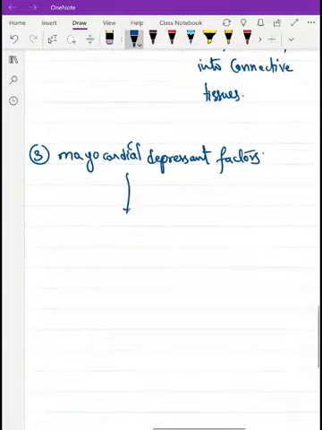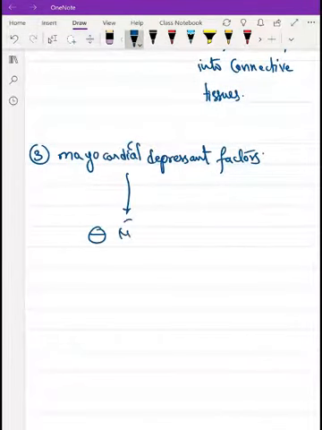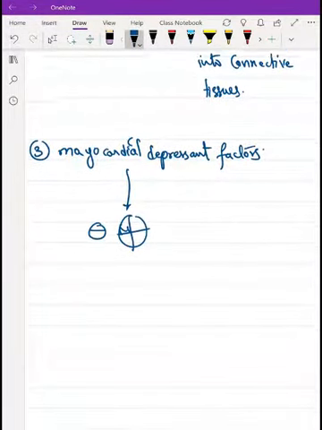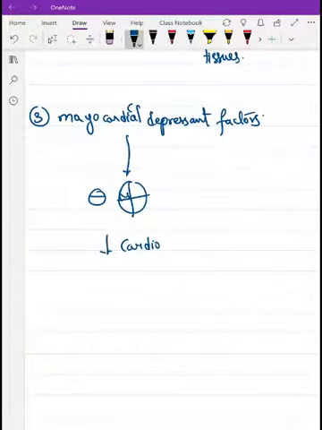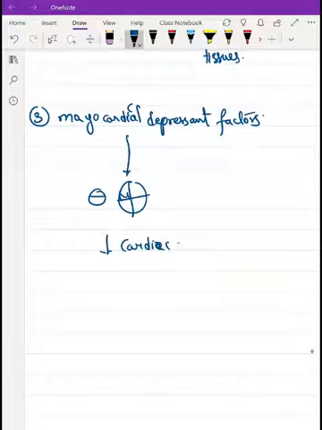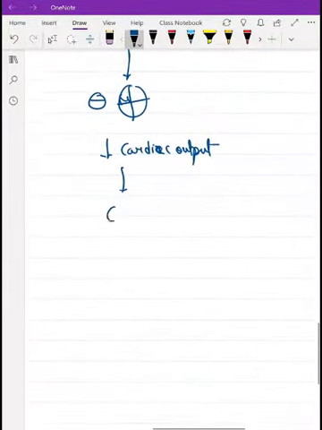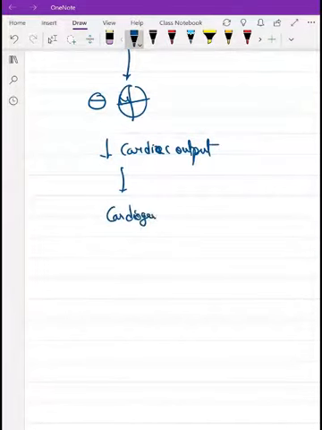They act on myocardium and inhibit myocardium, thereby leading to decreased cardiac output, leading to cardiogenic shock, followed by death.